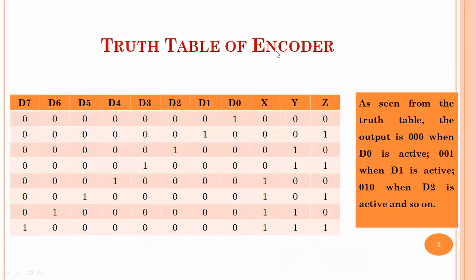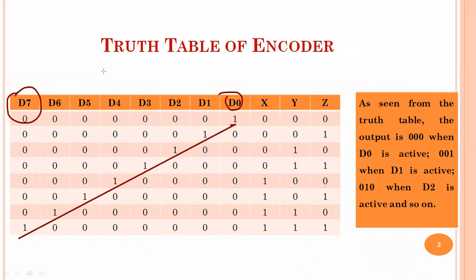Next, we will see the truth table of this encoder. It is just the representation that we have discussed. We start from D0 to D7, and it is very easy to remember: just write down D0 to D7 and put one in a diagonal form like this. The rest of the places are 0.